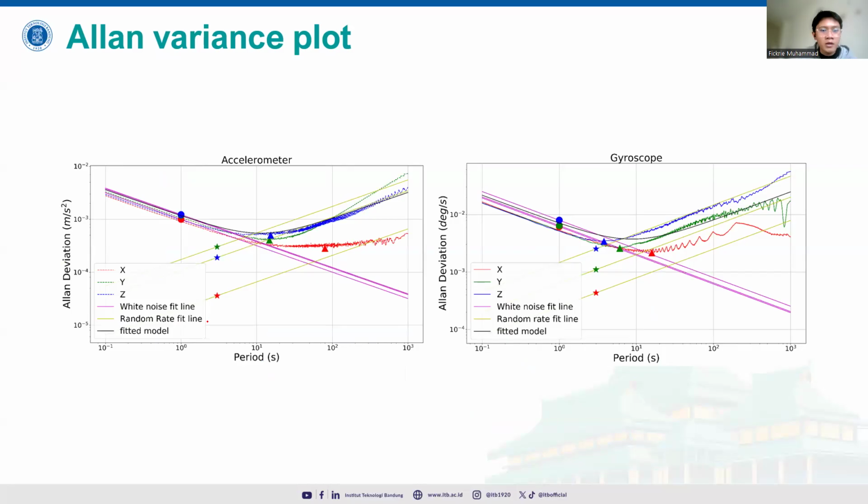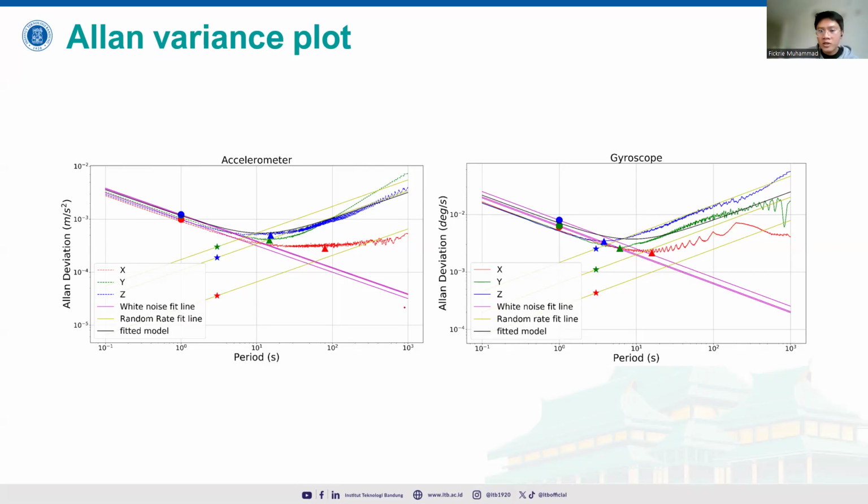So for example, here is the calibrated IMU for gyroscope and accelerometers. We want to know the noise and bias values for our IMU, right? By extracting those values from our IMU measurement data, we can later apply them so that we have more accurate measurements, because we already know the noise and bias.